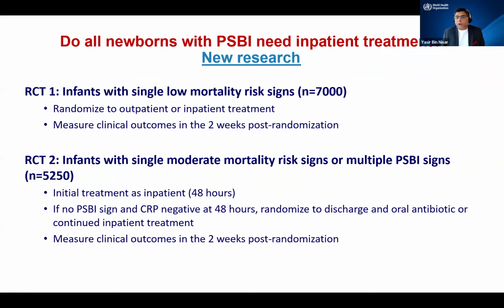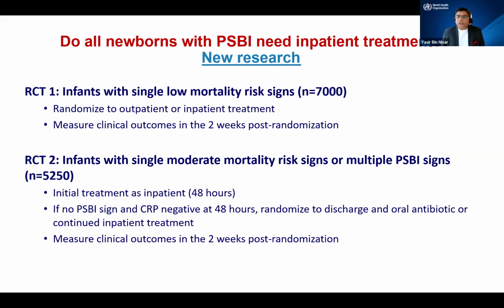In PSBI Trial 1, we consider a single low mortality risk sign, any one of the signs I mentioned on the previous slide, such as fever, severe chest indrawing, or fast breathing in the first 6 days of life. We randomize them into two groups. One group receives the standard WHO management: inpatient treatment with 7 days of ampicillin and gentamicin in the hospital and other supportive care.